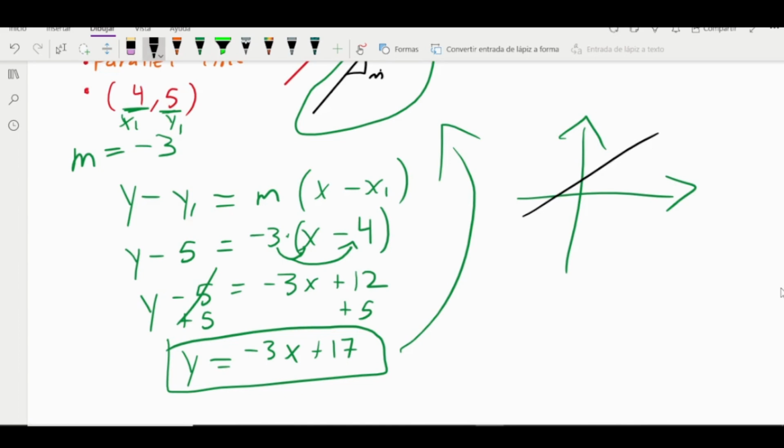We can also recognize any linear equation, for example y equals minus 3x plus 7, because the maximum exponent of the variable x is 1. So keep this in mind: a linear equation is a function that we can represent with a line, and the maximum exponent you can find is 1.